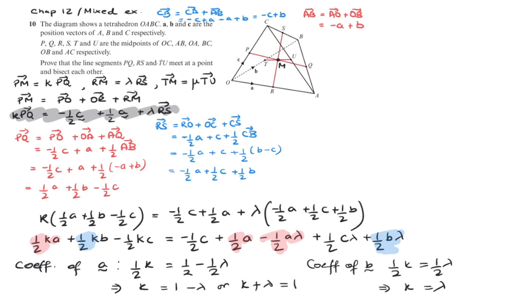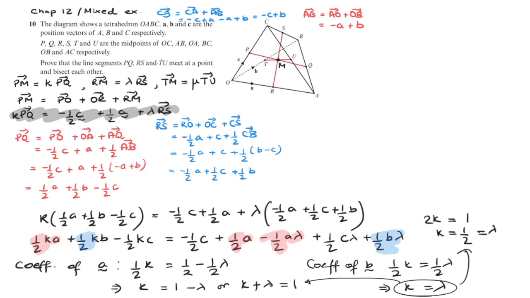And if K and lambda are the same, I put this into the other equation and solve for either one of them, I would end up getting 2K equals 1, where lambda is equal to K, and K is equal to half, and so is lambda.